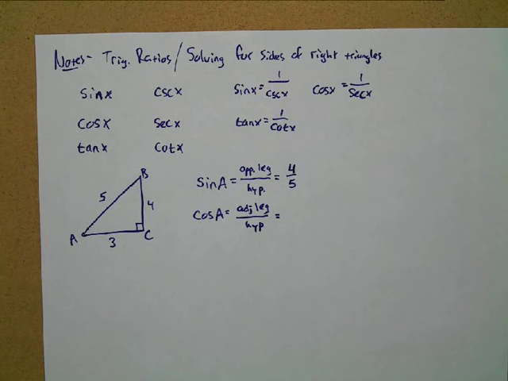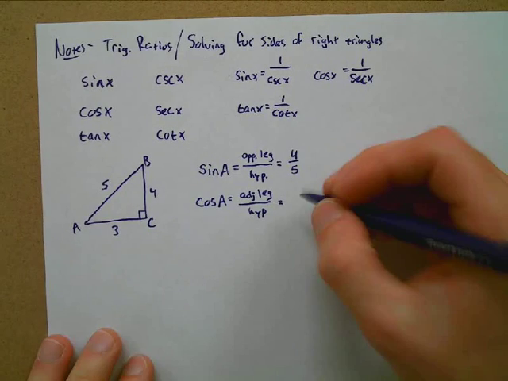The word adjacent just means next to. So 3 is next to angle A, one of the adjacent sides. But 5 is also adjacent to angle A, which is why we say adjacent leg. 3 is the leg, 5 is the hypotenuse, so 3 is the adjacent leg. So 3 over 5 there.